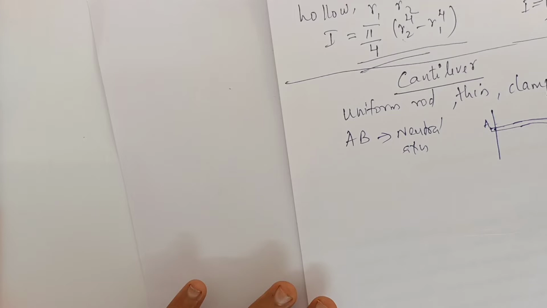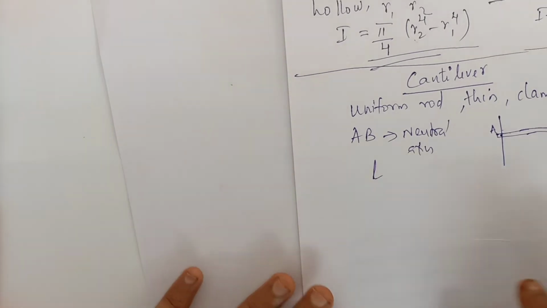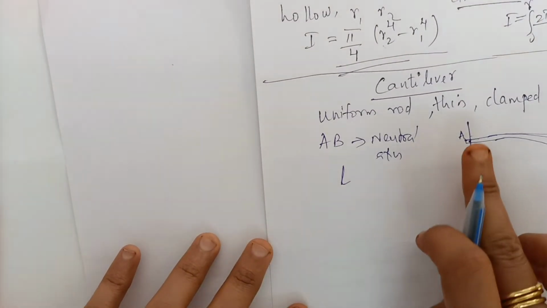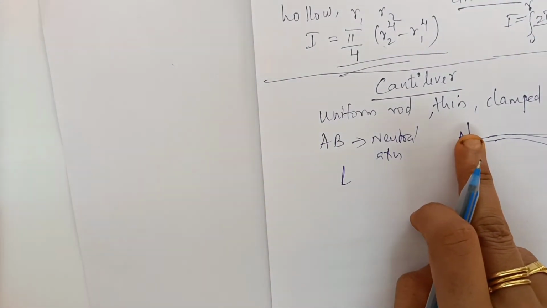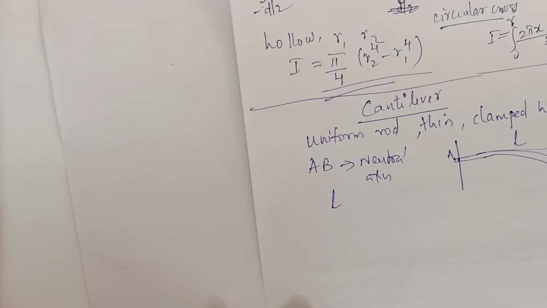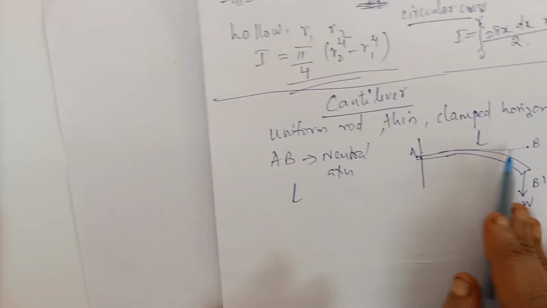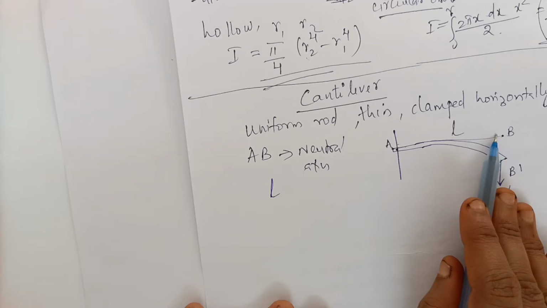AB is known as the neutral axis of the beam, and it has a length L. It is clamped at the point A, and loaded with W at the other side.